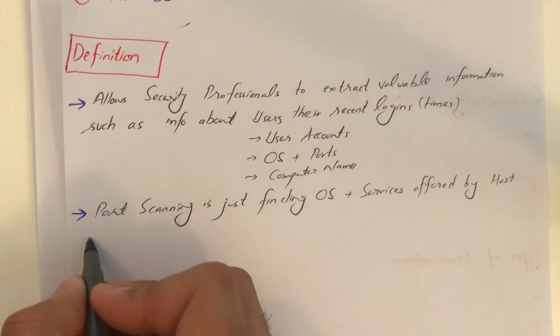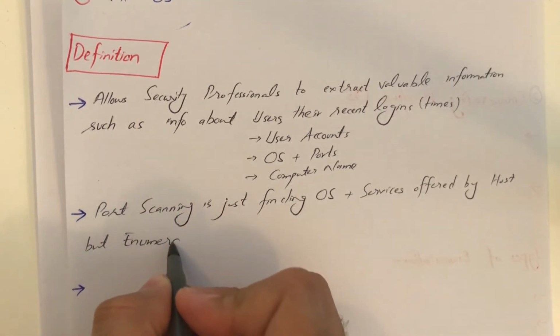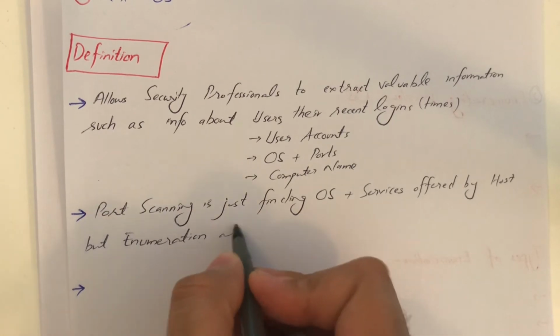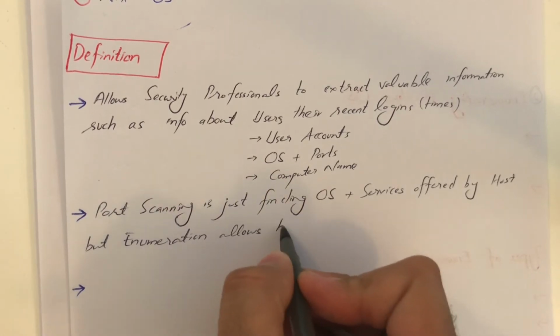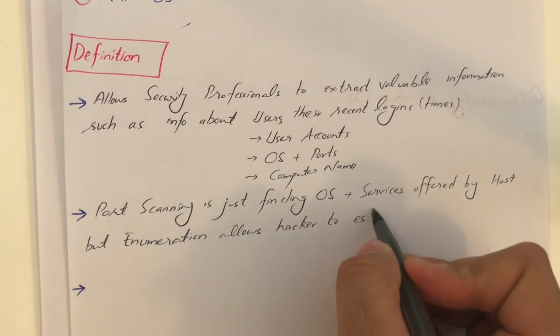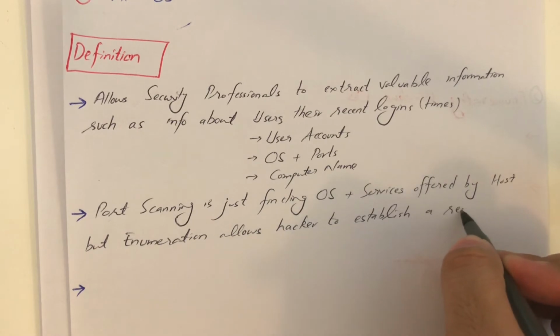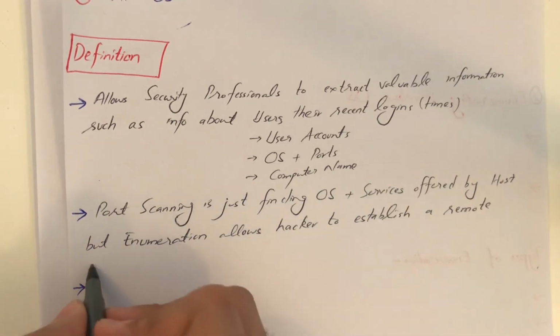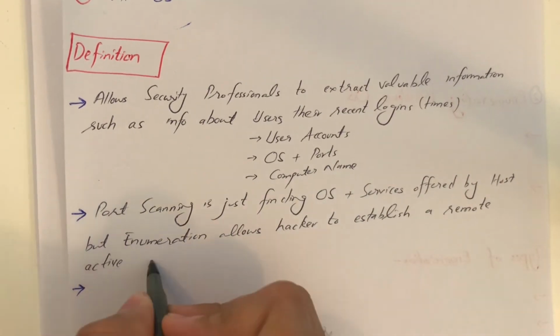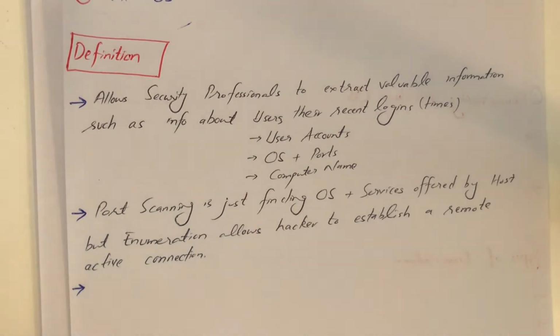But enumeration allows hackers to establish a remote active connection with the victim. So with the victim computer, it's as if the attacker has entered into the victim's computer.